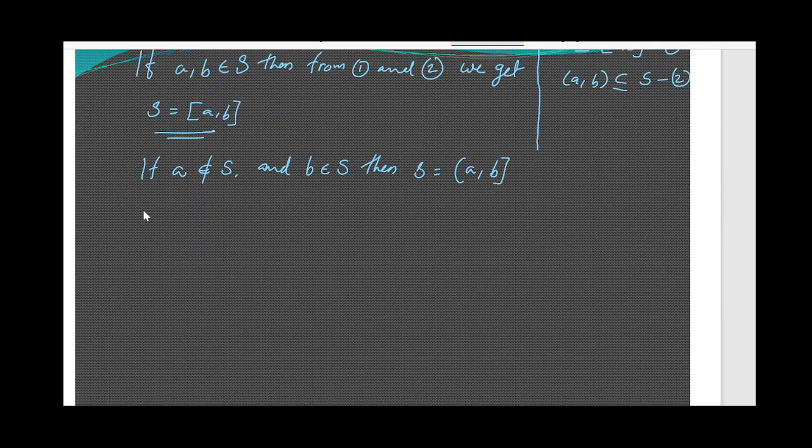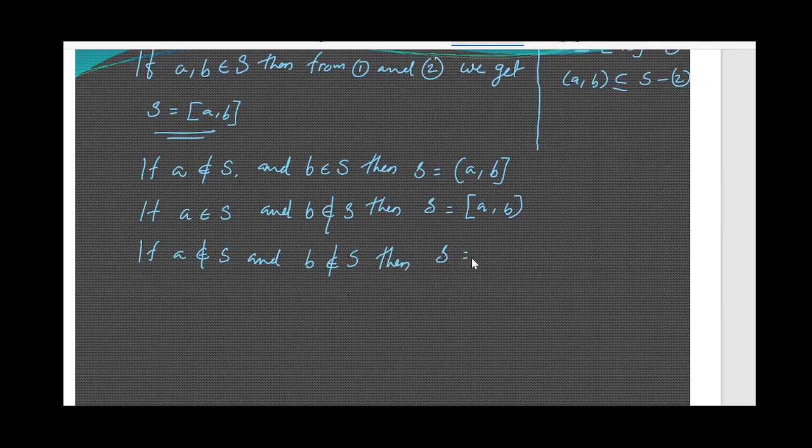Now if a belongs to S and b does not belong to S, then S is equal to [a, b). And in the next case, if a does not belong to S and b does not belong to S, then S is nothing but the open interval (a, b). Thus in this case S is nothing but an interval.